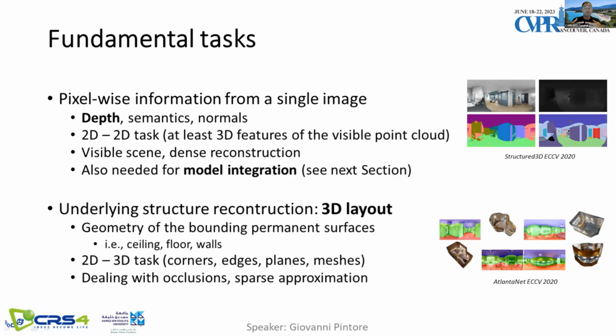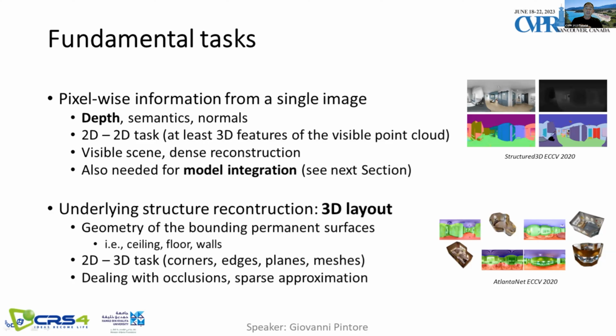However, the information recovered is assumed to be a dense 2D map. The second task instead is recovering a 3D structured layout, consisting of reconstructing the geometry of the bounding permanent surfaces underlying the scene, as we have seen in the previous section.